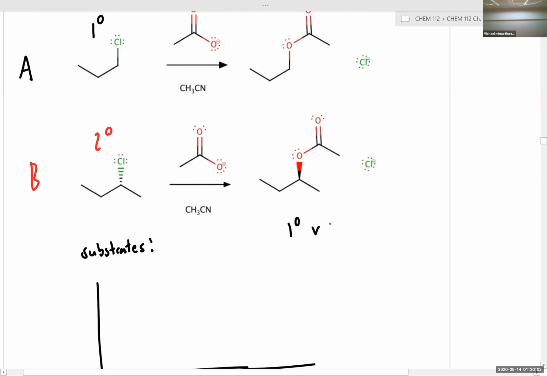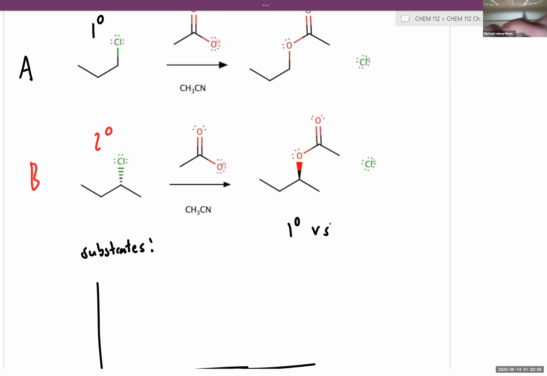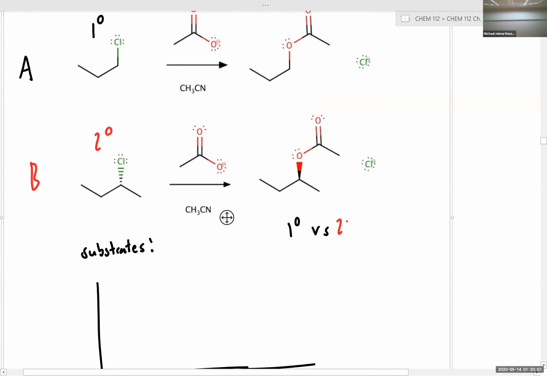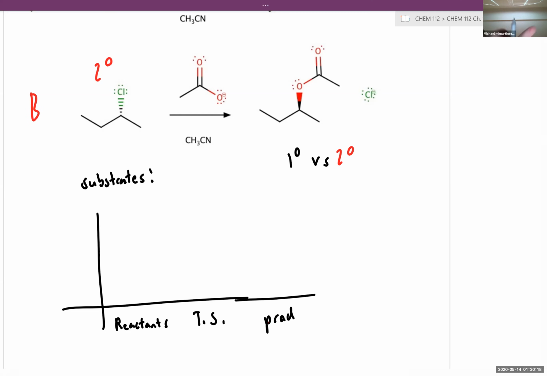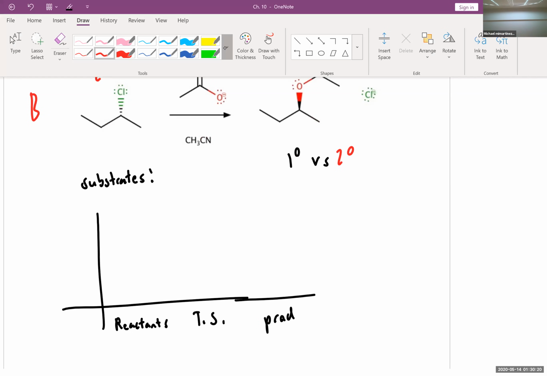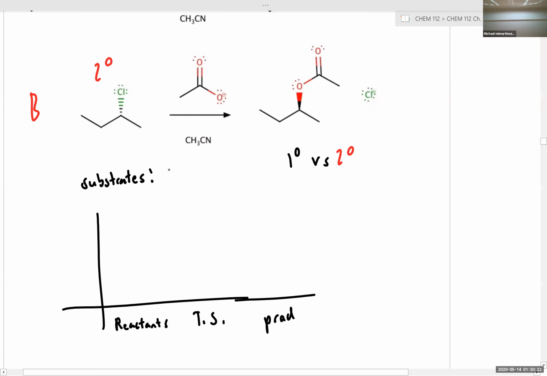So fundamentally, we're looking at a primary versus a secondary substrate. What's going to change in our reaction coordinate? The reactant energy, the transition state, or the product energy? What is most affected when we start changing substitution? The transition state, yep, exactly right.